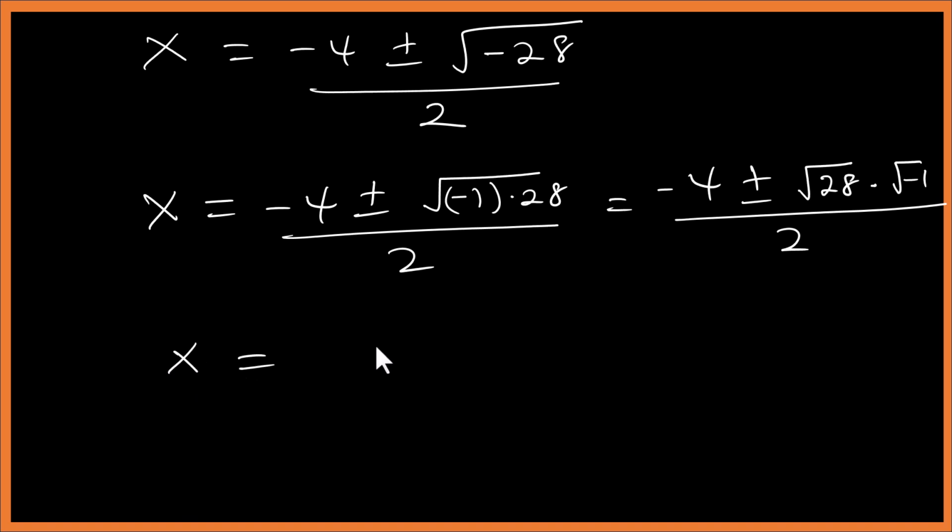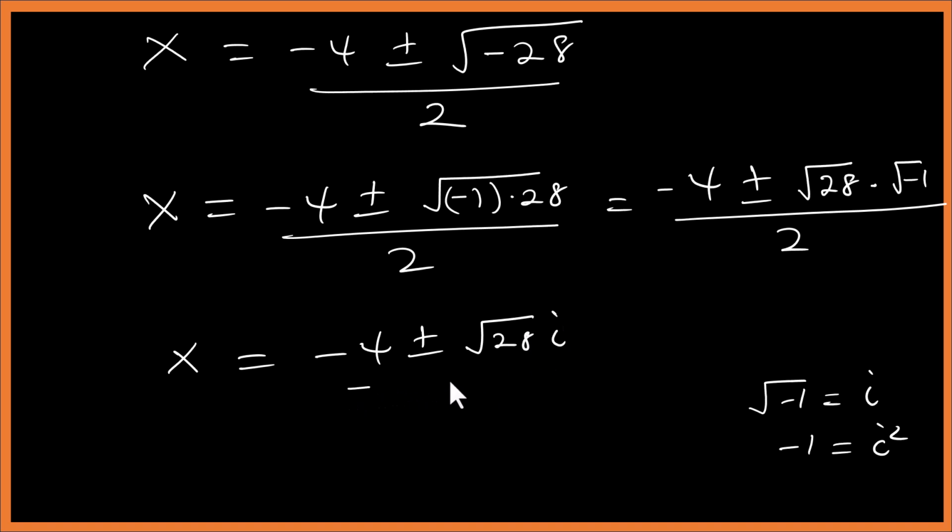Now from complex numbers, the square root of minus 1 is the same as i, and minus 1 is the same as i squared. So we have minus 4 plus or minus the square root of 28 i, on 2. So it means that we have two answers here.